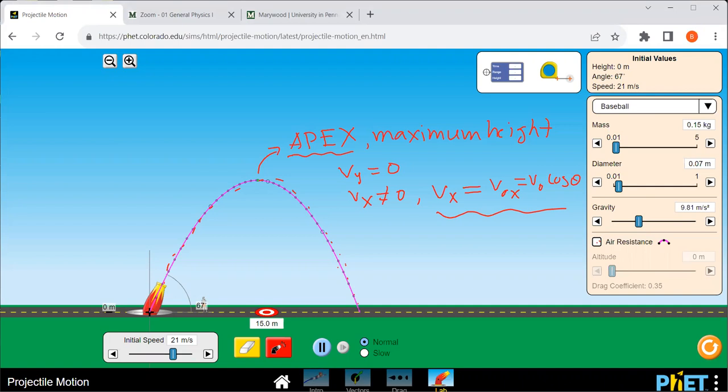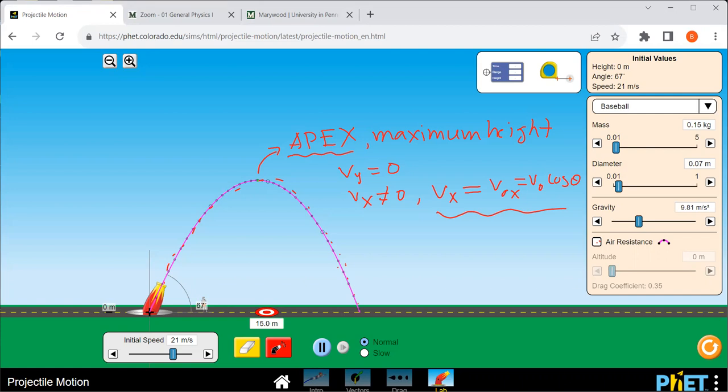Remember that in free fall problem, at the maximum height or at the apex, the velocity was equal to 0. That time we had only one velocity, but here we have the x component and y component, so you have to be careful. At apex in the projectile motion, the y component of the velocity is equal to 0, but the x component is still equal to the initial velocity.